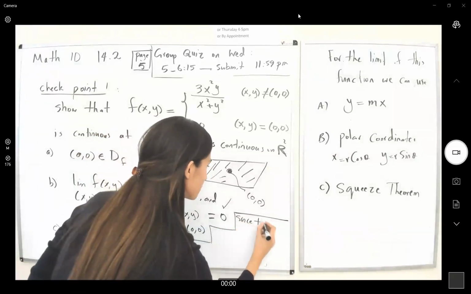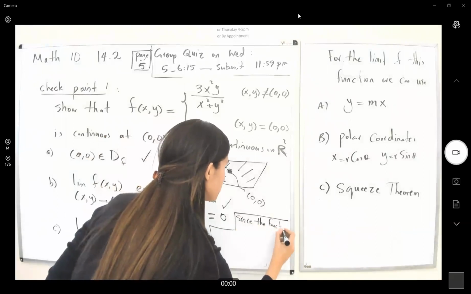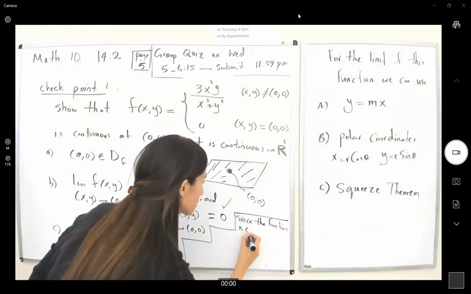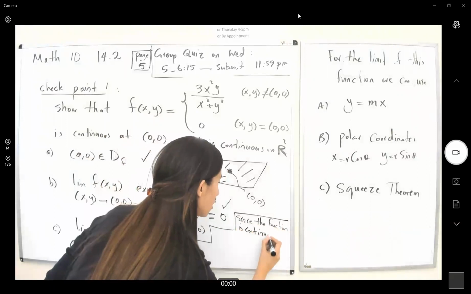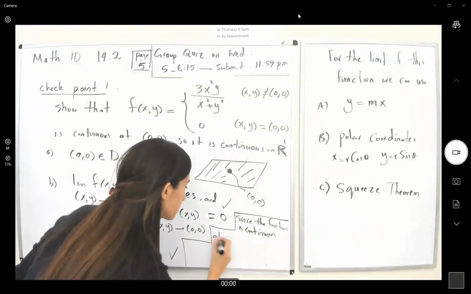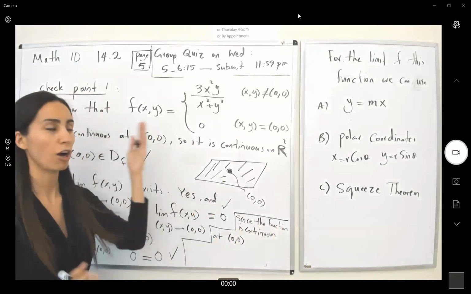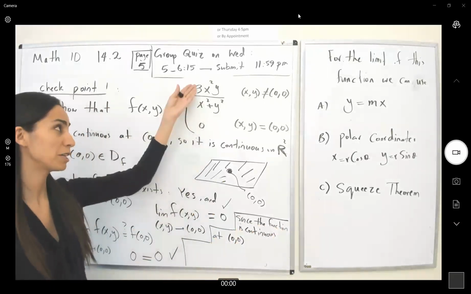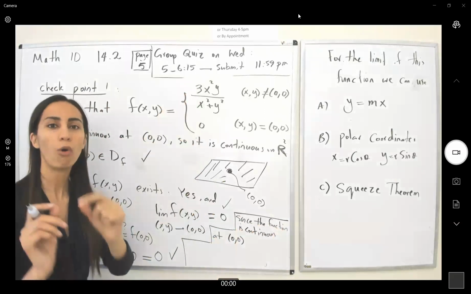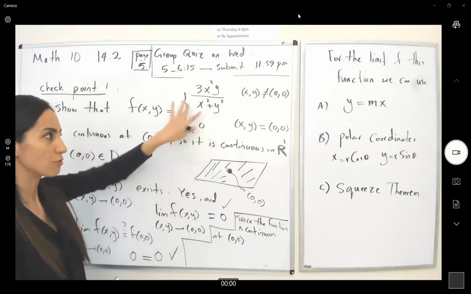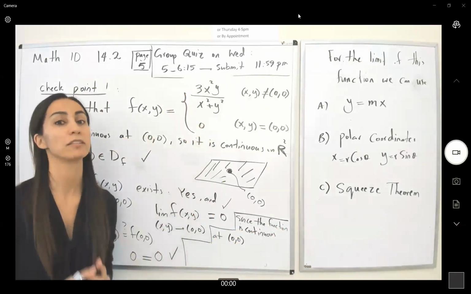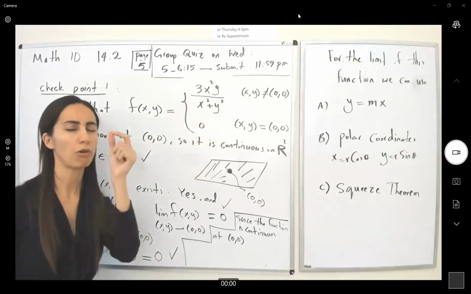Since the function is continuous at the troubling point 0 and 0. Why am I saying it's a troubling point? Well, because it's a rational function. The only problem you have is with the denominator. The denominator cannot be 0. It looks like you only have one point.